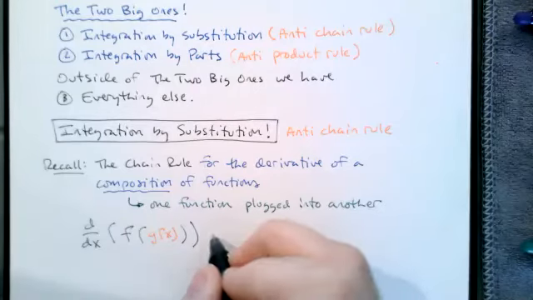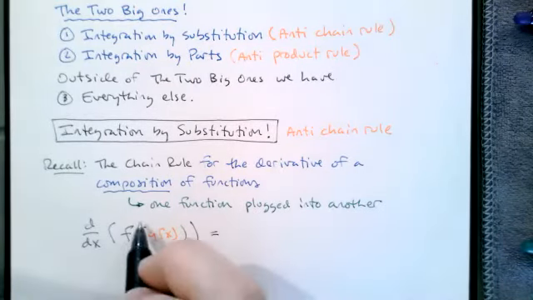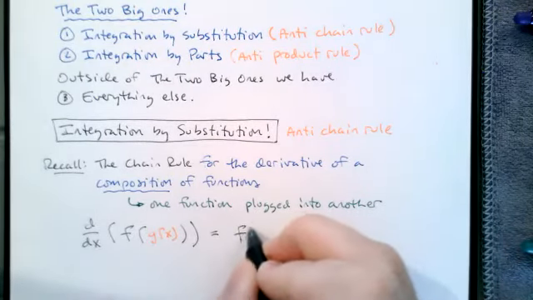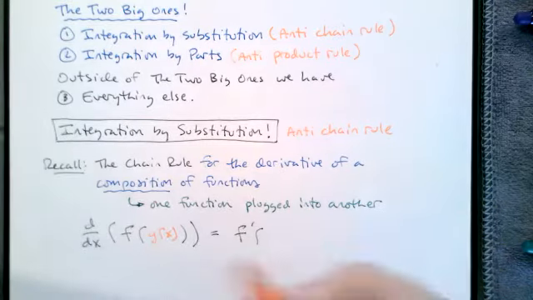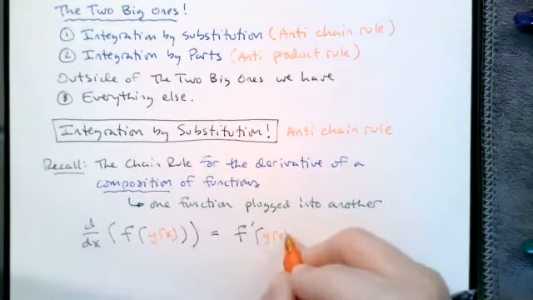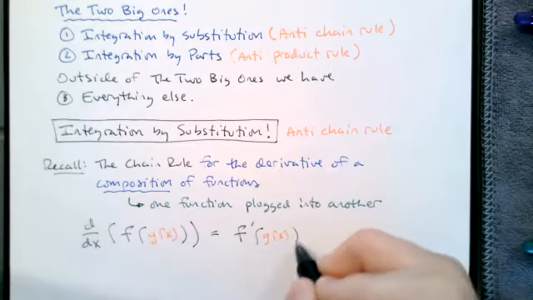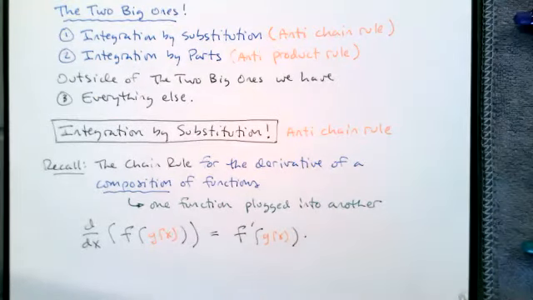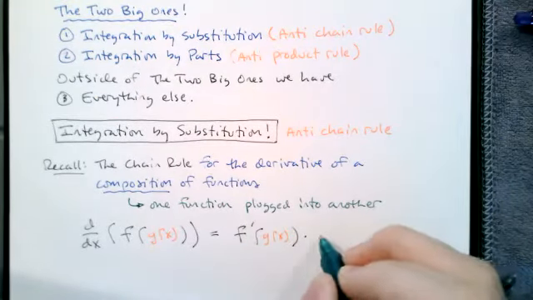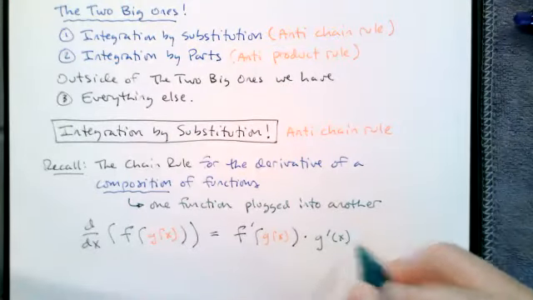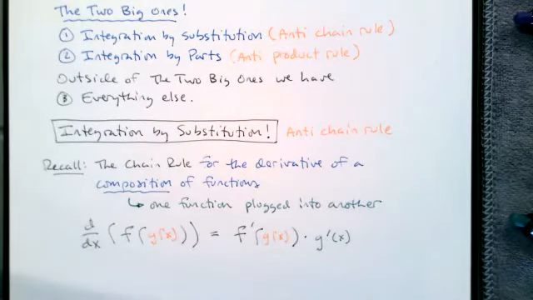And the chain rule says, take the derivative of the outside with respect to the inside. Then multiply by the derivative of the inside. And this is the chain rule.